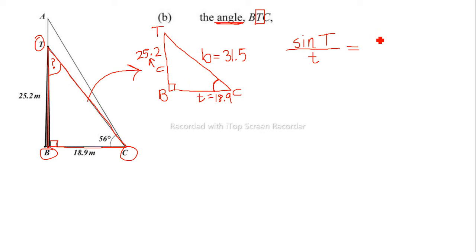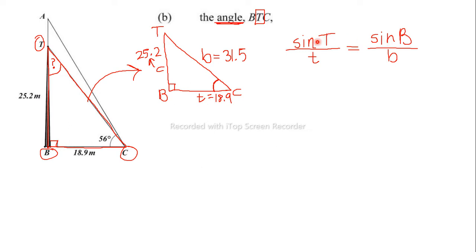So we're going to say sine of capital B over small b. And you may be wondering, Mr. Petit, how did you know that? How do you know that this fraction is equal to this fraction? Well, that's what the sine rule tells us.